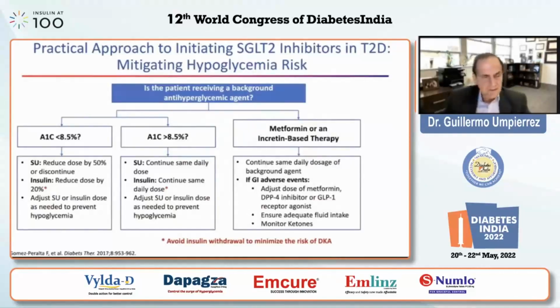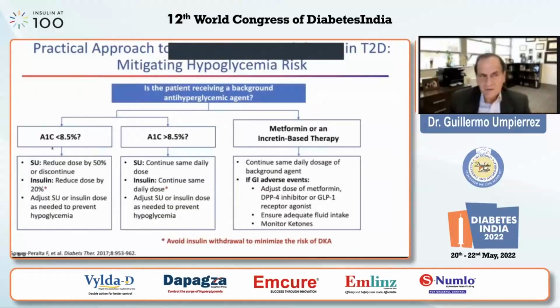So this is a paper that we published just to guide primary care physicians. How do you adjust the dose of anti-diabetic therapy in patients when you start an SGLT2? If you have a patient with hemoglobin A1C less than 8.5, and the patient is on sulfonylureas, you should reduce the dose of sulfonylureas to prevent hypoglycemia.